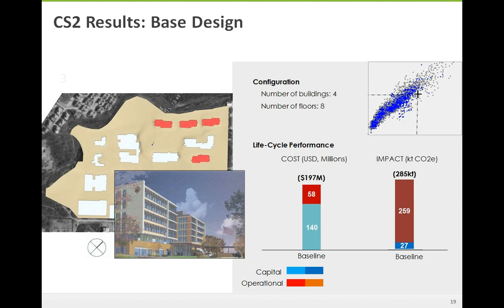What's a bit unusual is that from a cost perspective, usually the operational cost is more significant than the first costs. From a life cycle perspective, we're looking over 30 years in this case. But these are very sturdy buildings, and because of the blast requirements, they're fairly expensive. So first cost is driving a large percentage of the life cycle cost.